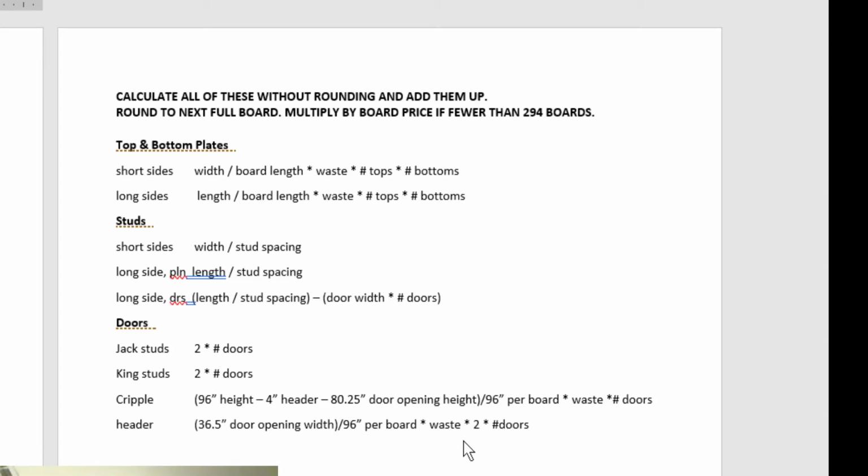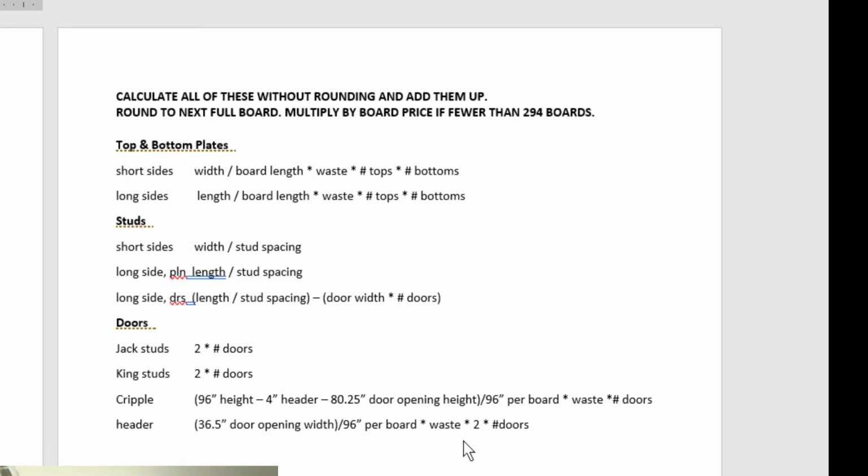So you're going to be rounding up and then multiplying it by the price per board. If you end up having 294 or more boards needed for this room, then you would multiply it by the bundle price. If it is less than 294, you would multiply it by the per board price. So you can see that really you're just calculating all of these without rounding. You add them up, round to the next full board, multiply by the board price.